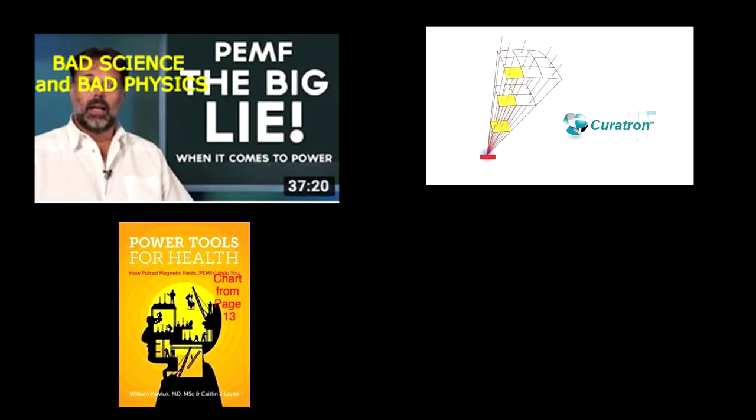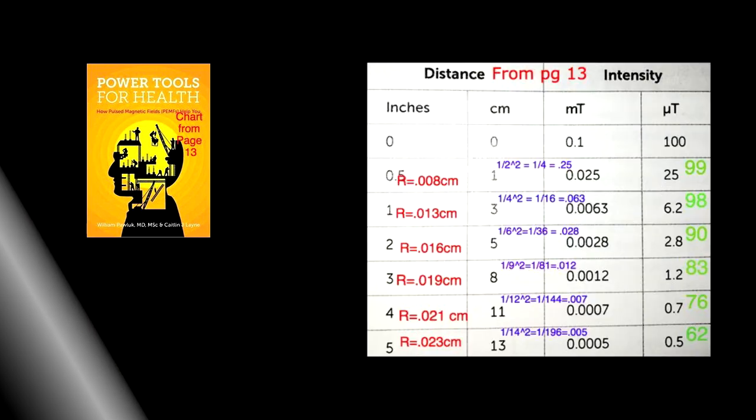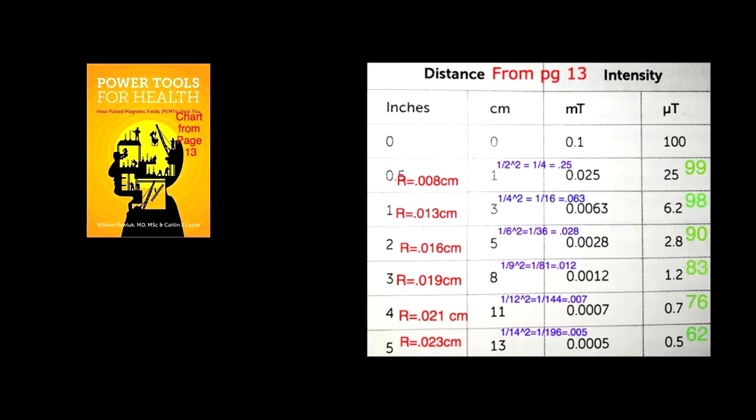They use this 1 over r squared relation in their books and articles to justify needing high intensity. I'm not trying to pick on Dr. Pollack, but I just want to take this chart from page 13 in his book, Power Tools for Your Health, which is a very well-researched book on PEMF. But on pages 10 to 15, where he tries to justify high intensity with a 1 over r squared law, I think we need to look at that.